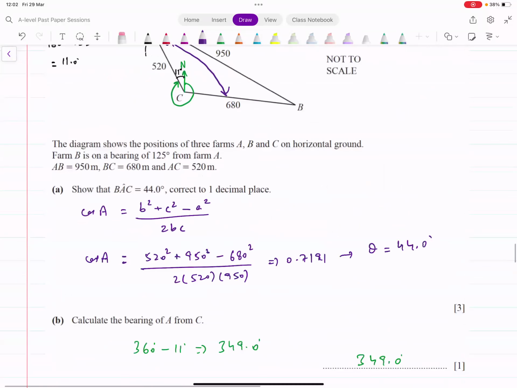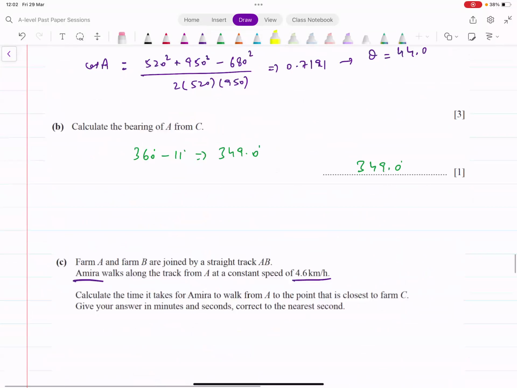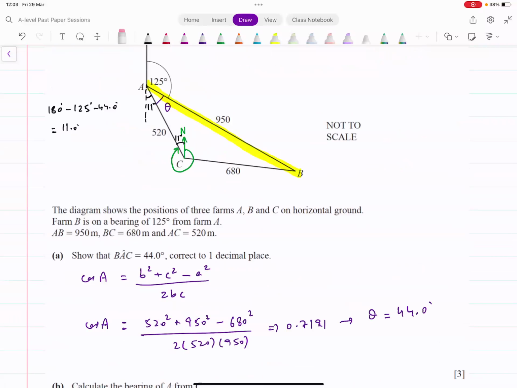Okay. So basically what's happening is Amira is going from point A to point B. She's going along this path. On this path, we want to find the time taken until she reaches the point that is closest to farm C. Now on this track, what's the point closest to farm C?